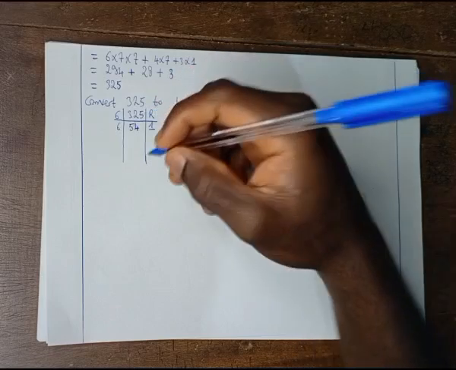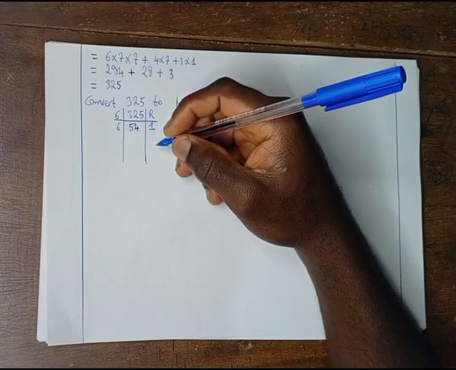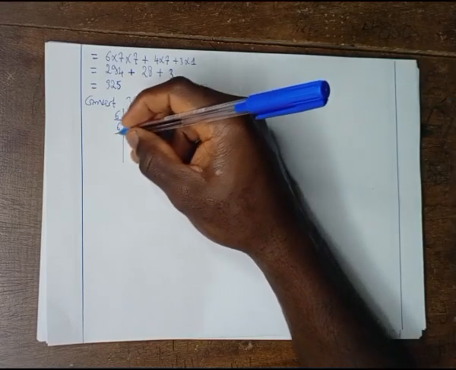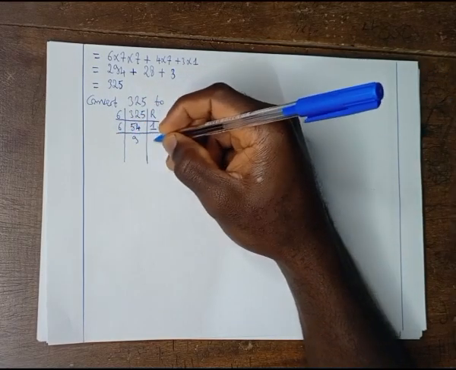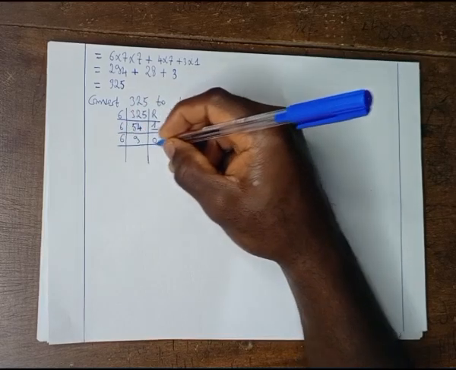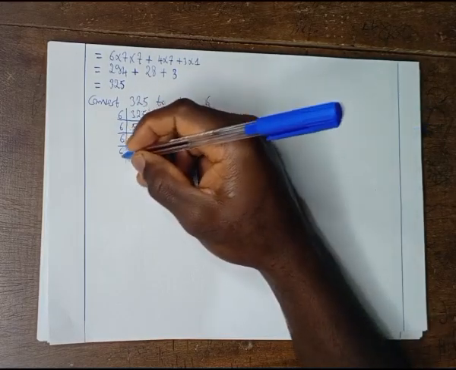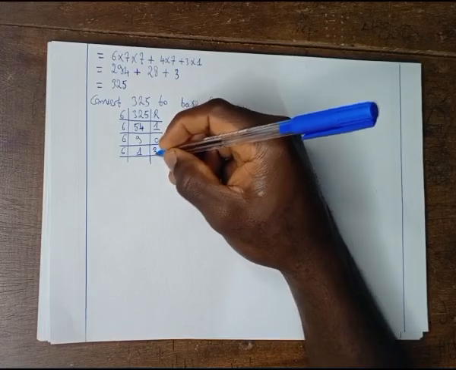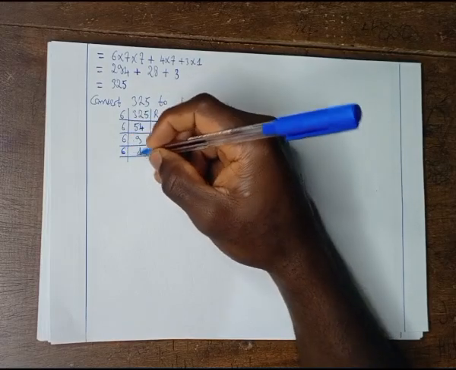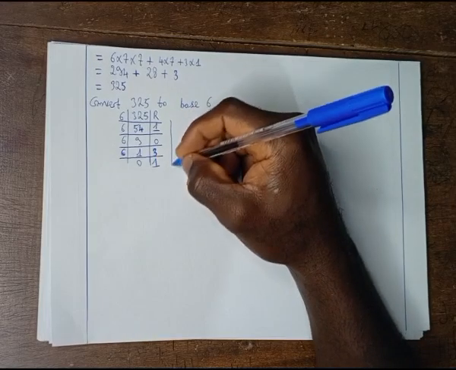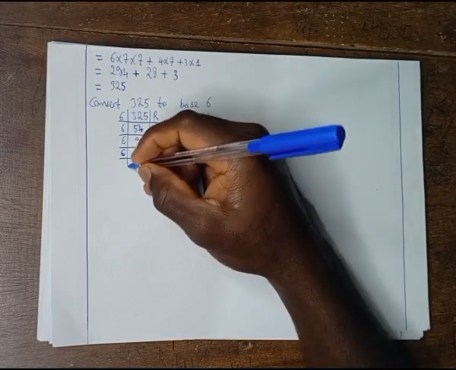Next, we bring down 6. Divide 54 by 6. It gives us 9. The whole number part is 9 and the remainder is 0. Bring down 6. 9 divided by 6 gives us 1 remainder 3. Bring down 6. 1 is less than 6. So if you divide 1 by 6, the whole number part will be 0 and the remainder will be 1. Then we copy from bottom to top.